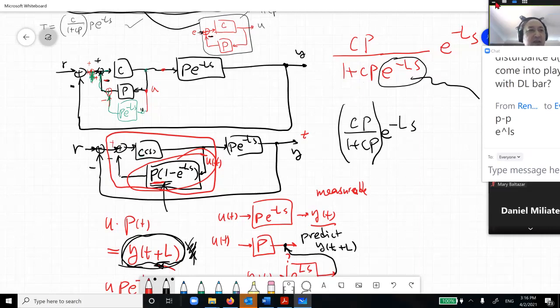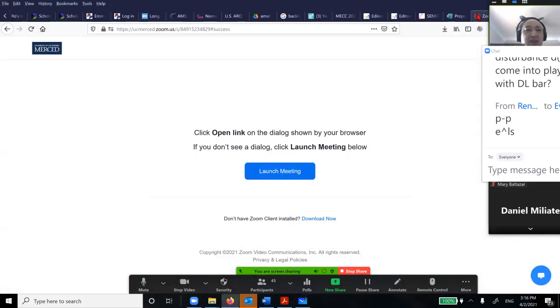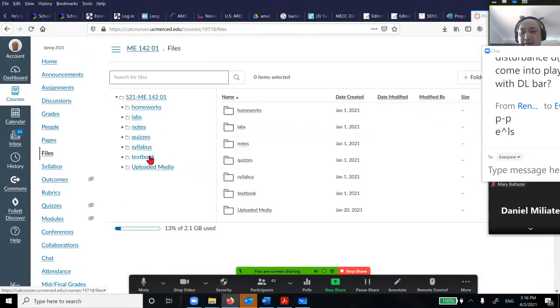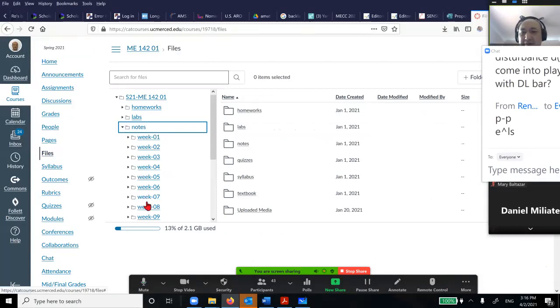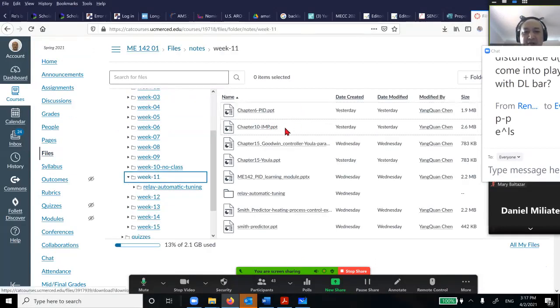With that, I'm going to pass the time to Hiro. Questions? I'm going to give you these notes, but please read the files I put in the week 11 notes. IMP is internal model principle, read this one. Youla parameterization, read this one.